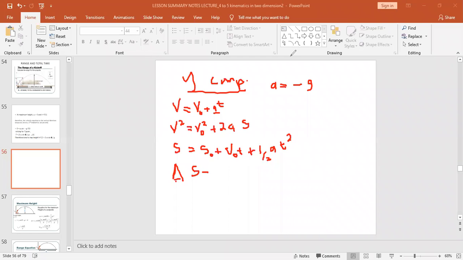Okay, sir. Because our acceleration is acceleration due to gravity, which is negative, the formulas will be modified a bit. So this now becomes V is equals to V naught minus GT.